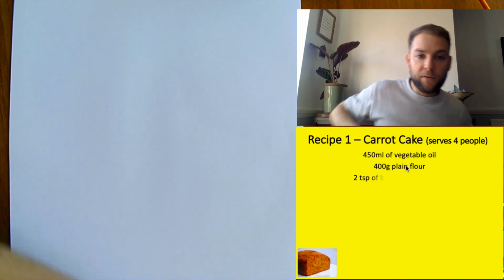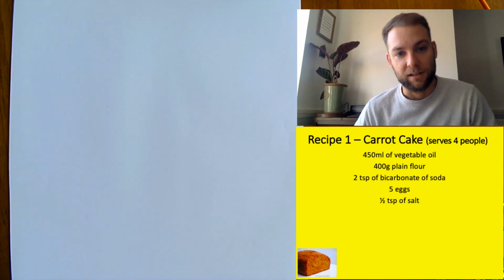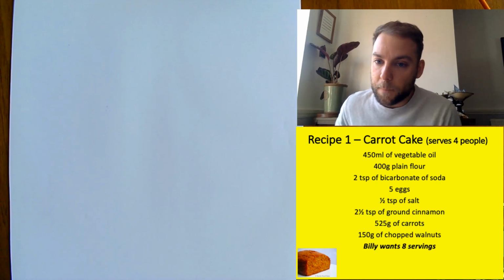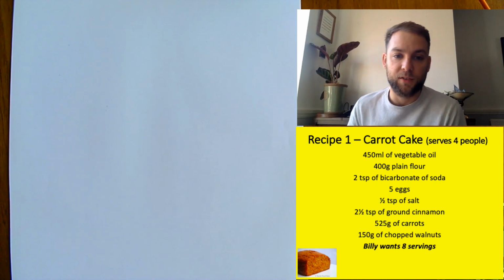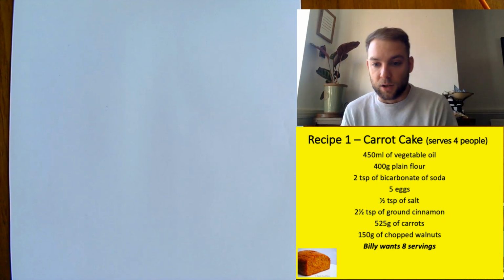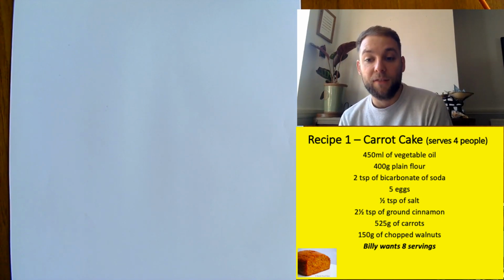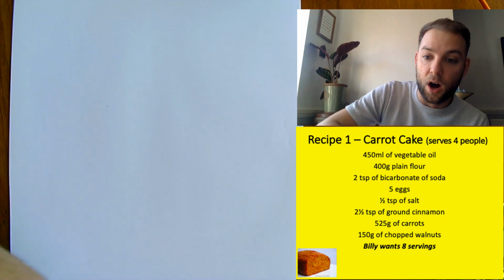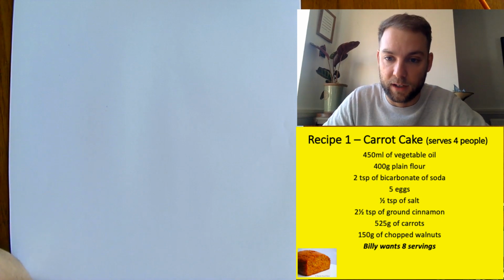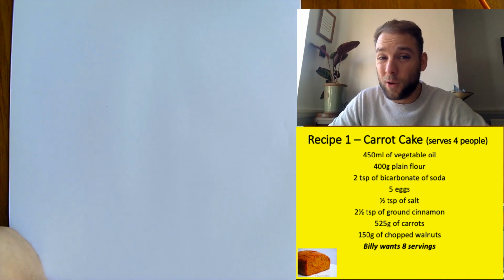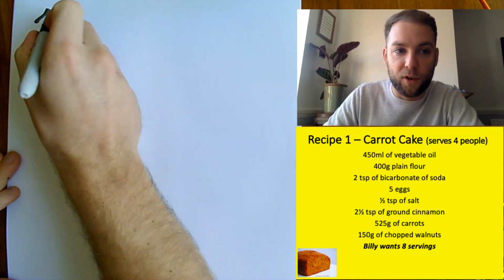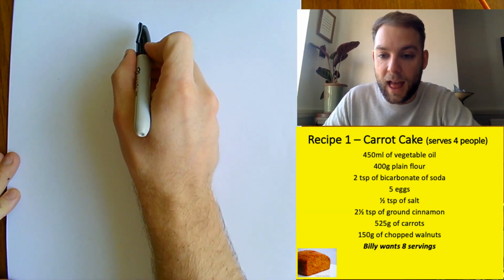So here we've got a recipe for a carrot cake which serves 4 people. If this recipe serves 4 people, what do I need to do if we want a serving of 8 people? So what do I need to do with all of these ingredients? This one's quite straightforward. I think you should find this one pretty easy. How do I get from 4 to 8?